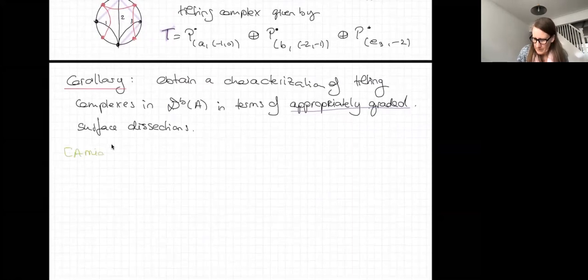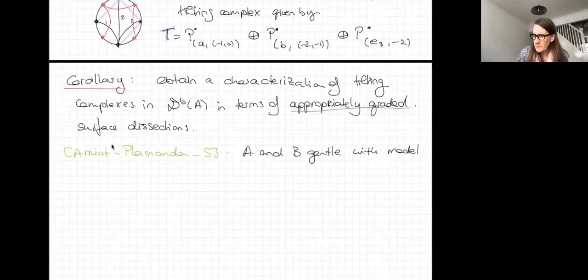So just this again with Opper and Plamondon. Namely, A and B are gentle with associated models, the surface SA, the dual graph A star, the marked points, and SB, the dual graph, marked points.